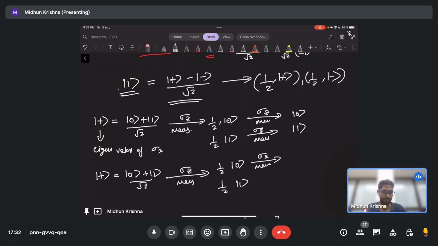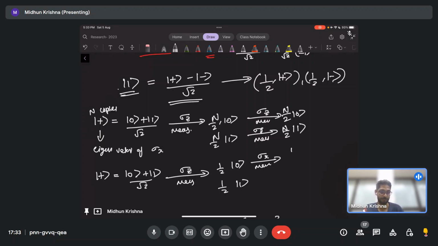Let's say I had n of them, I sent n copies. What this means is there'll be n by 2 of 0 and n by 2 of 1.